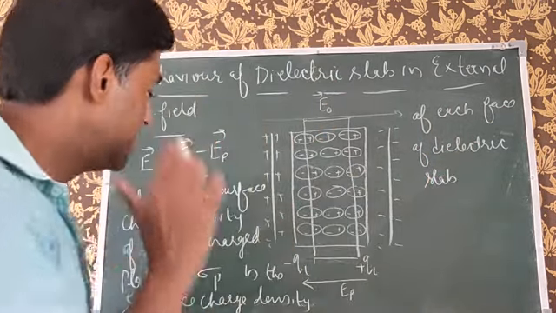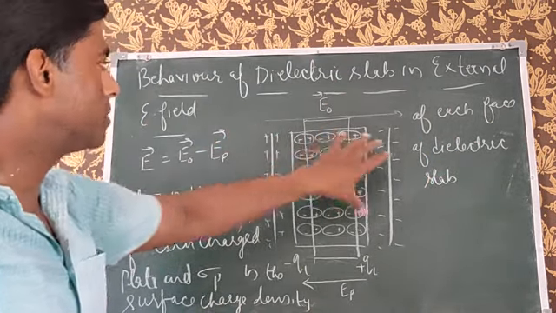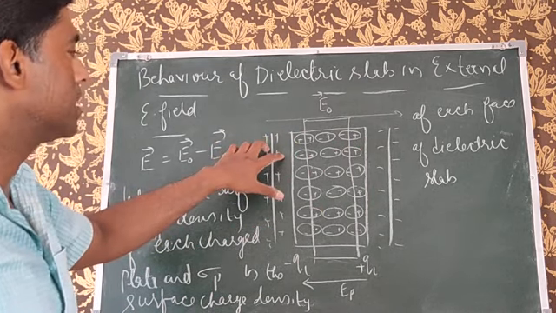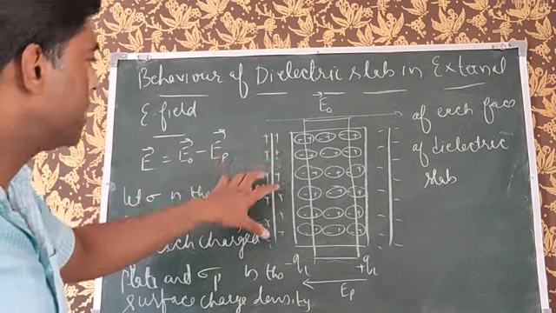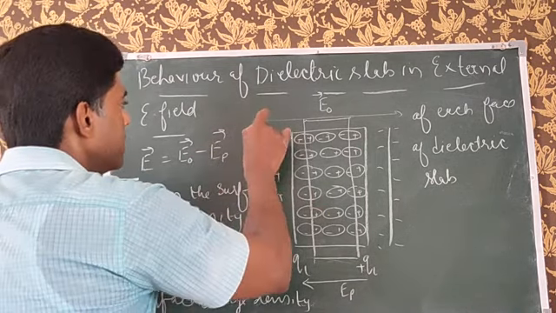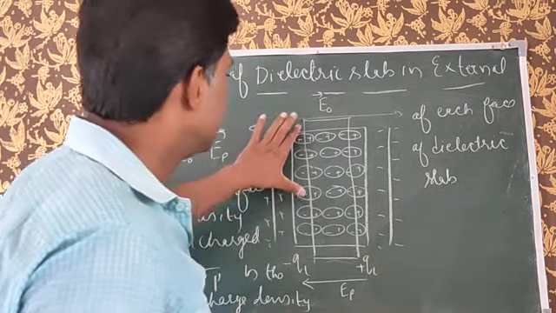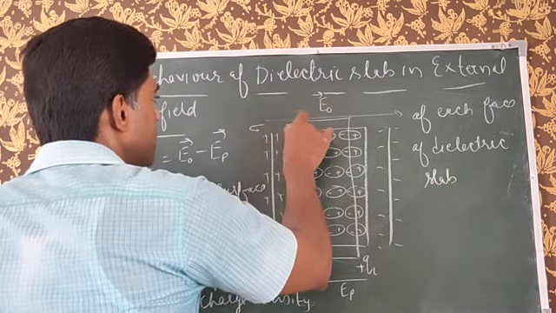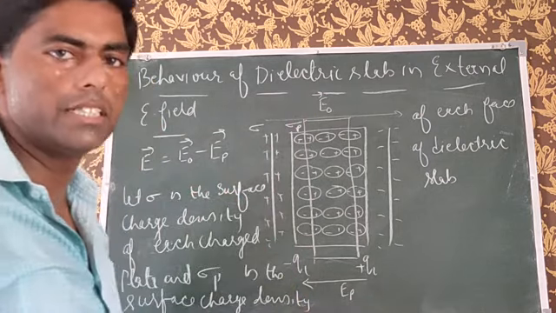As we can see, there is charge on the external plates, so the surface charge density of this external charge which appears on these plates is sigma, and the charge which appears on the dielectric's outer faces is represented by the surface charge density sigma P.